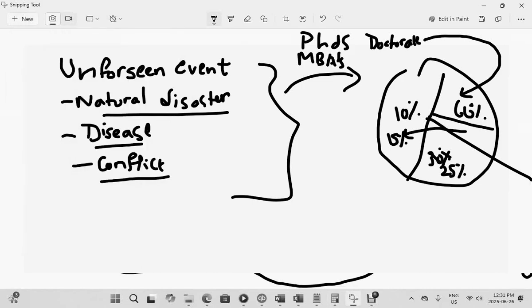Now, if you think about it, your employment rate hasn't really changed. In this case, it's still 60%, despite the immigration, despite the addition of additional workers because of the unforeseen event. Your employment rate really hasn't changed.